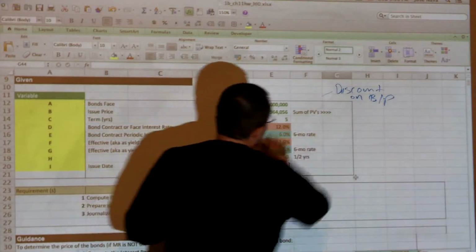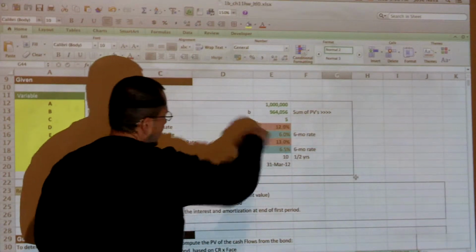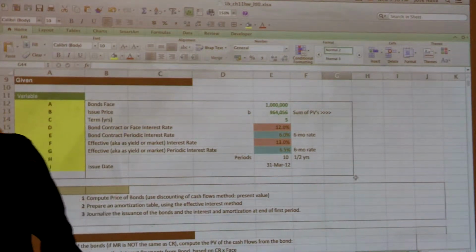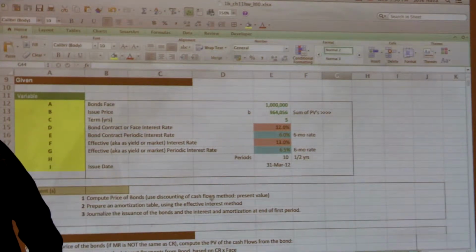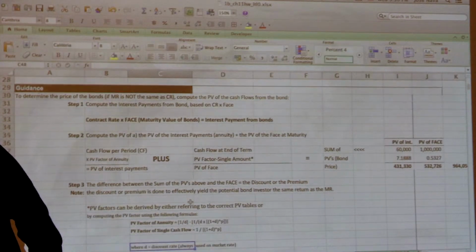So now I'm going to show you how to come up with that 964.56 that represents that additional percentage return to the investor. So notice here that I'm going to actually first show you some guidance in general terms.